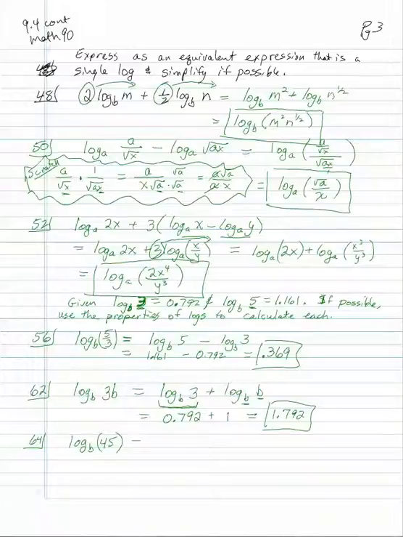And again, most people struggle with this one at first, but then I say, okay, well, think of it this way. 45 is 9 times 5, and 9 is 3 squared. So now I can split this up into, and remember the exponent will come out, the 2 will come out to the front.